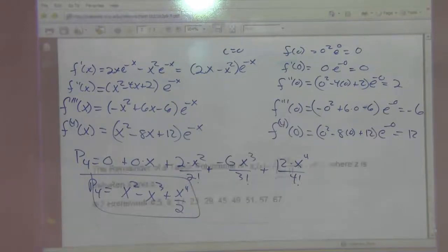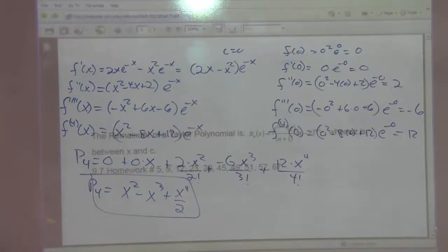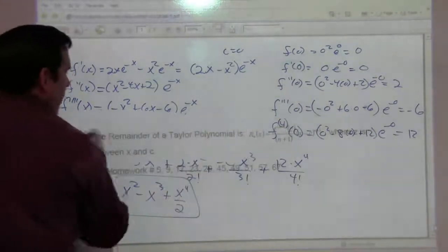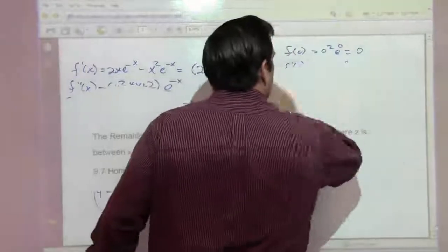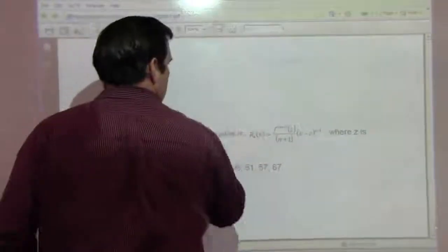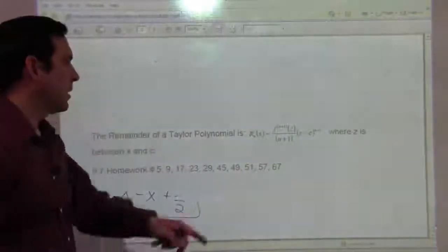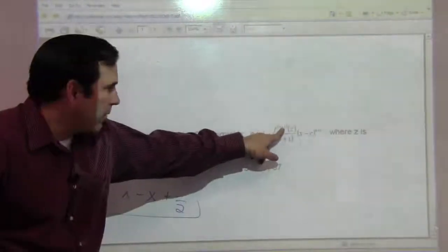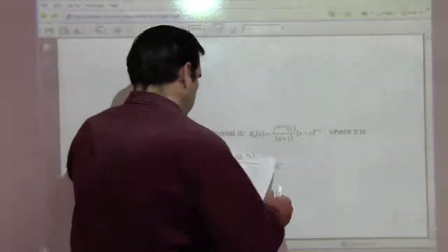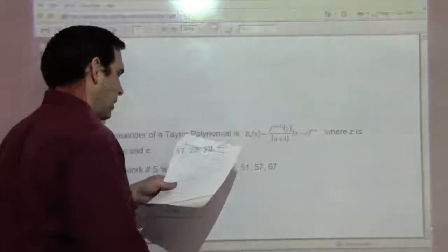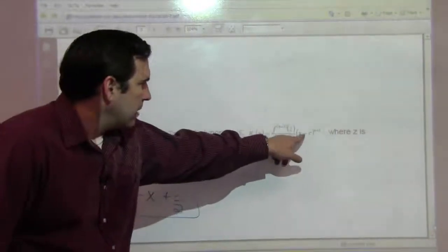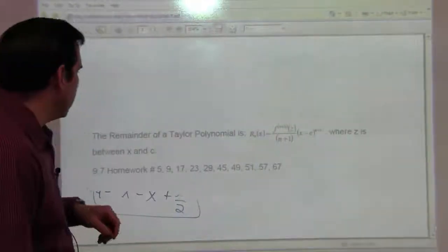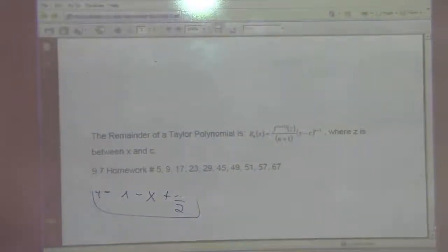Down here at the bottom, it says the remainder of a Taylor polynomial is R sub n of x equals the n plus first derivative of f at z, over n plus 1 factorial, times x minus c to the n plus 1, where z is a number between x and c.